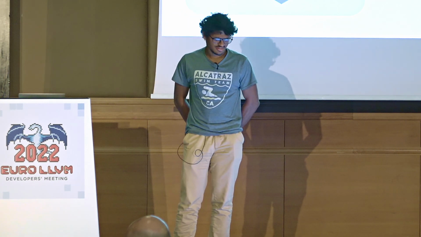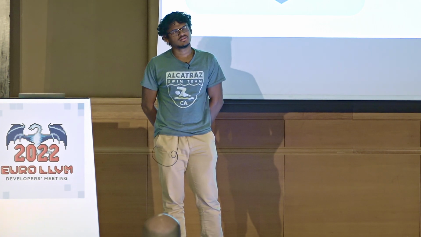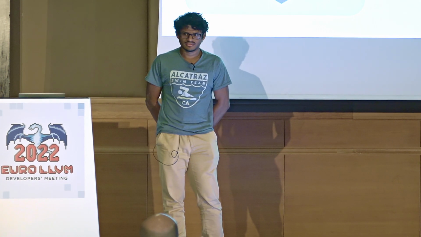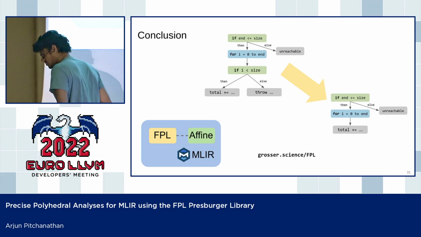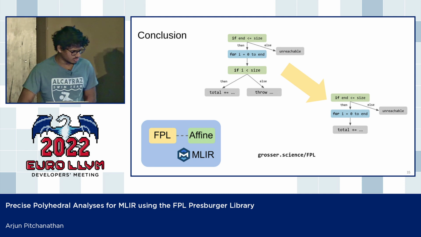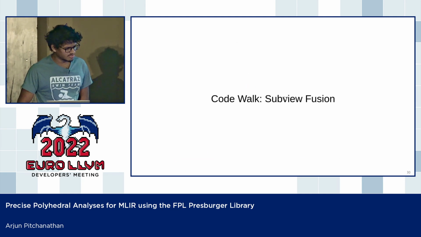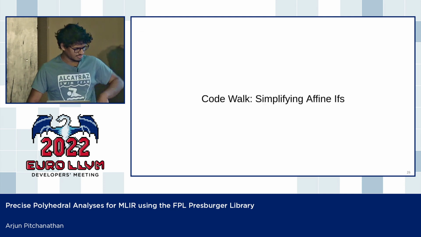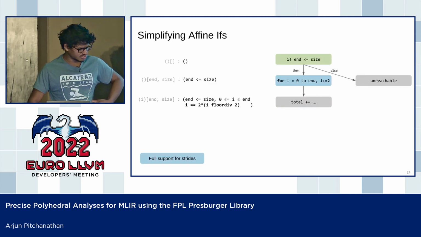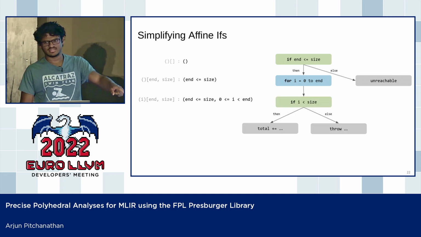So how do you use linear programming to answer these queries, like is the set empty? Yeah, I can actually show you with the if condition. Essentially the context that we saw was a set of linear constraints, right? If you take a look at some of the conditions we have, for example, the condition I less than size.